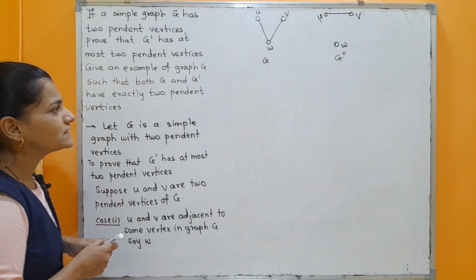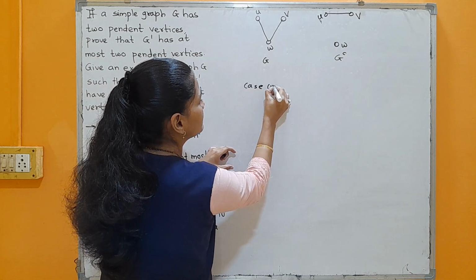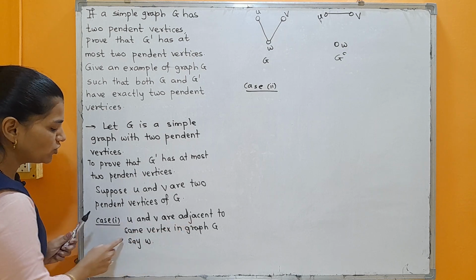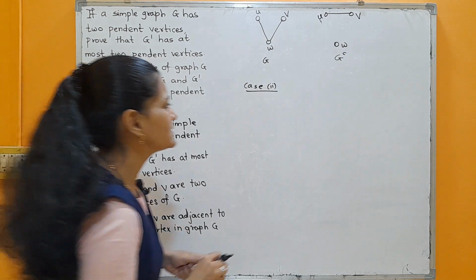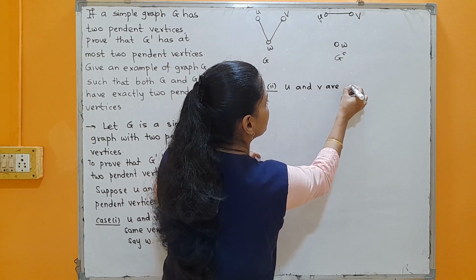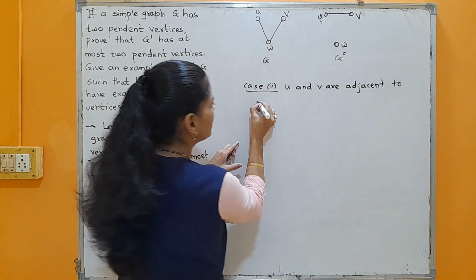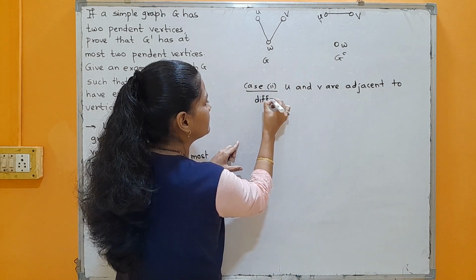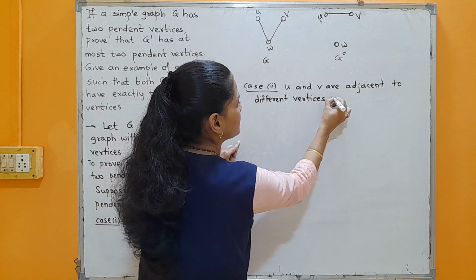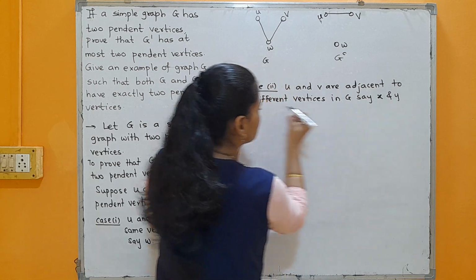Okay, so now we are considering case 2. Our first case was U and V are adjacent to the same vertex in graph G. Second case is U and V are adjacent to different vertices in G, say X and Y respectively.